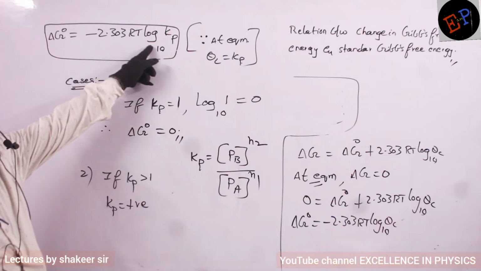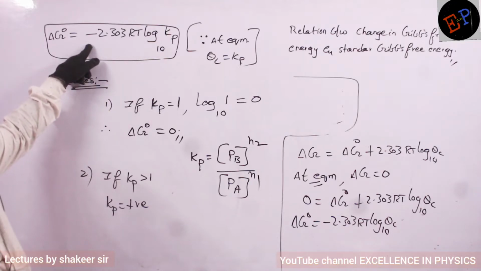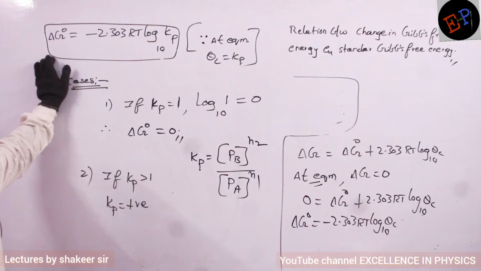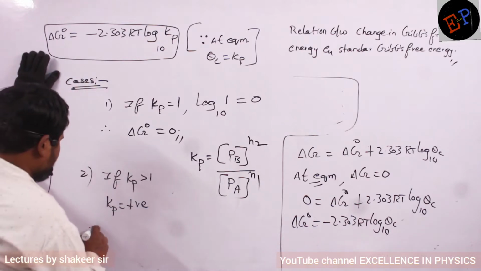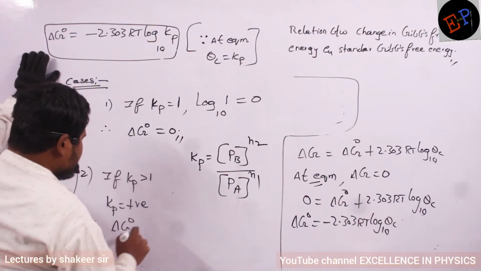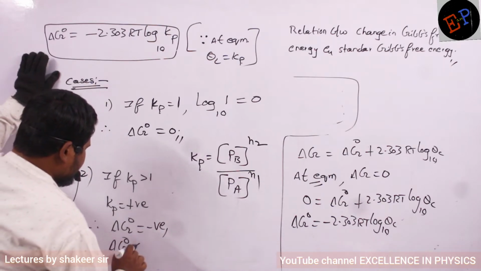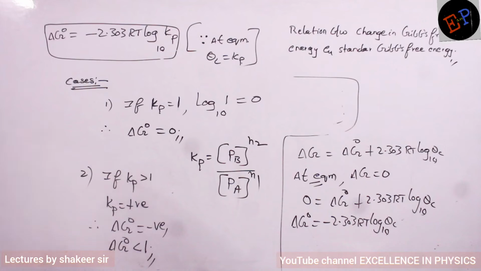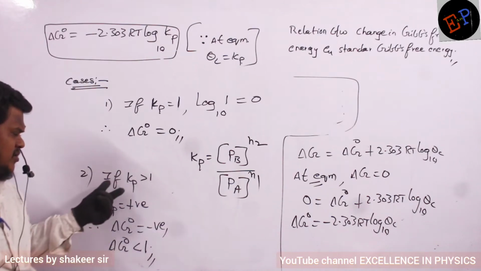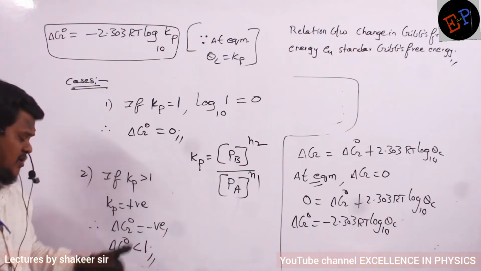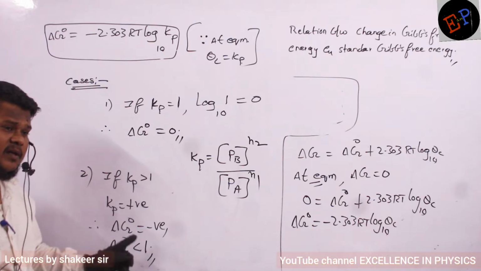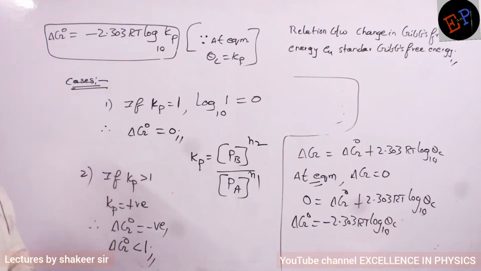Positive multiplied by negative value? Negative. So therefore standard Gibbs free energy will be negative, or I can say standard Gibbs free energy will be less than 1. This is what I can write. So if Kp is greater than 1, then what about standard Gibbs free energy? It will be less than 1 at equilibrium. Are you able to understand?